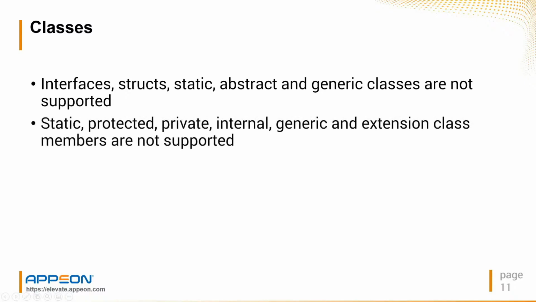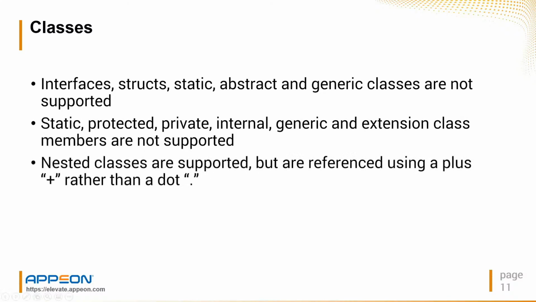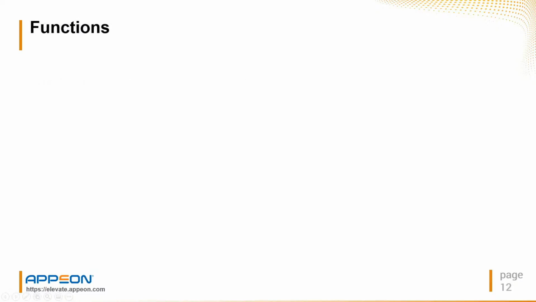In addition, static, protected, private, internal, generic, and extension class members are not supported. The assembly importer does support nested classes, but instead of using dot notation, you actually use a plus mark between the parent object and the nested class.